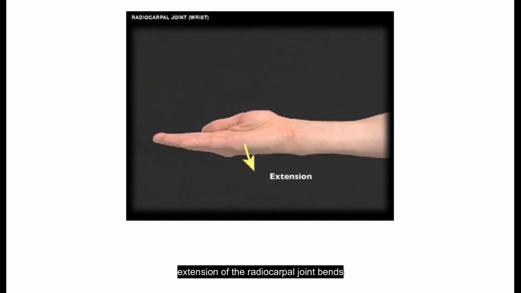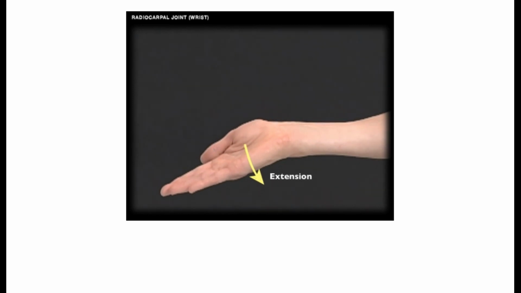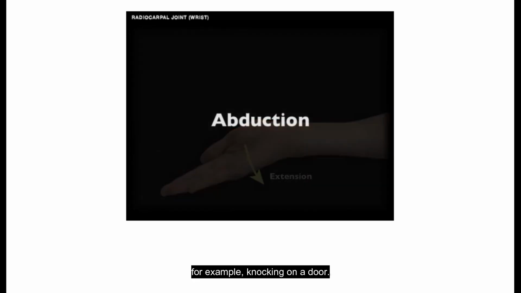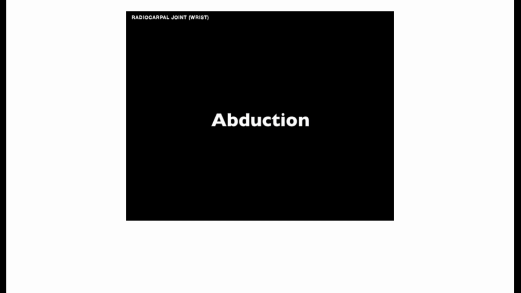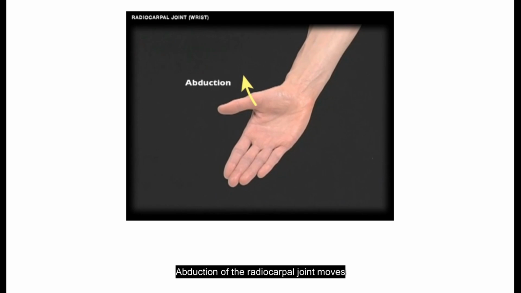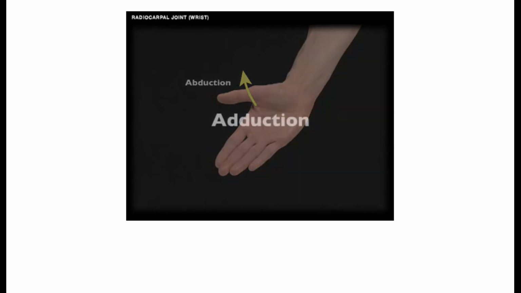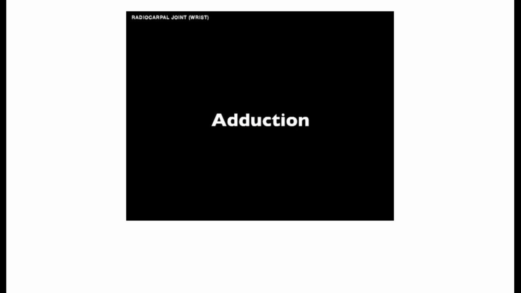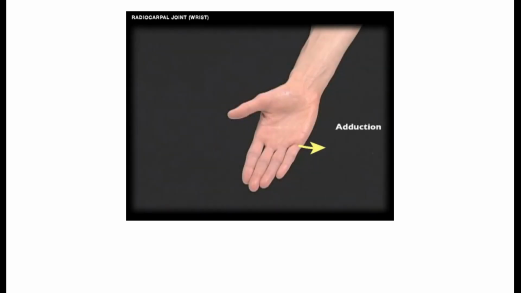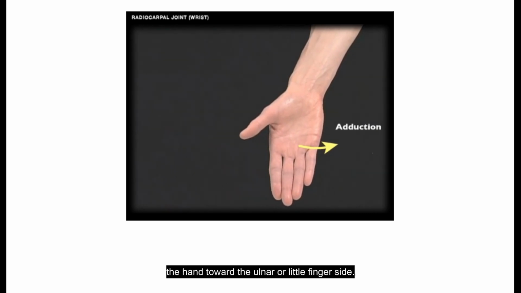Extension of the radiocarpal joint bends the wrist posteriorly, for example, knocking on a door. Abduction of the radiocarpal joint moves the hand toward the radial or thumb side. Adduction of the radiocarpal joint moves the hand toward the ulnar or little finger side.